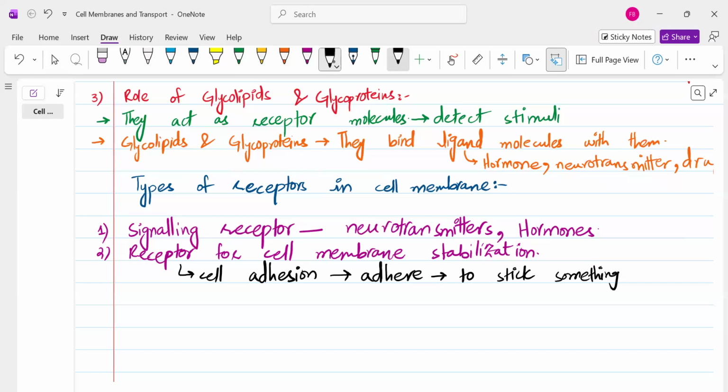For example, you have a cell, and around the cell there is a carbohydrate molecule. So how can that carbohydrate molecule adhere to the cell membrane? Which part of the carbohydrate can attach? It can attach to the membrane by the receptor.